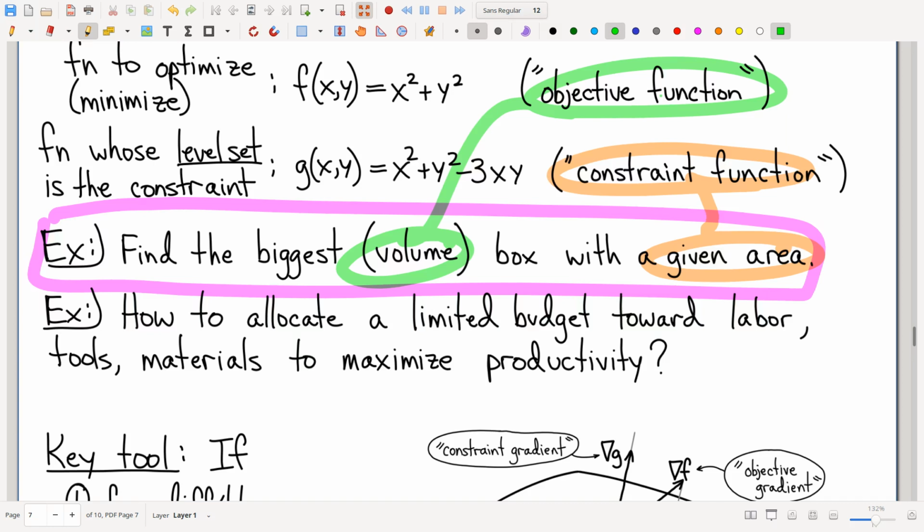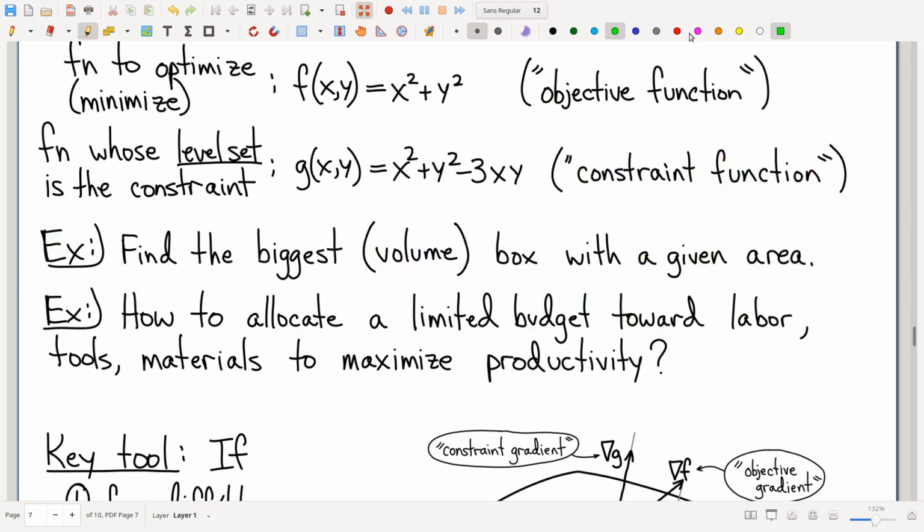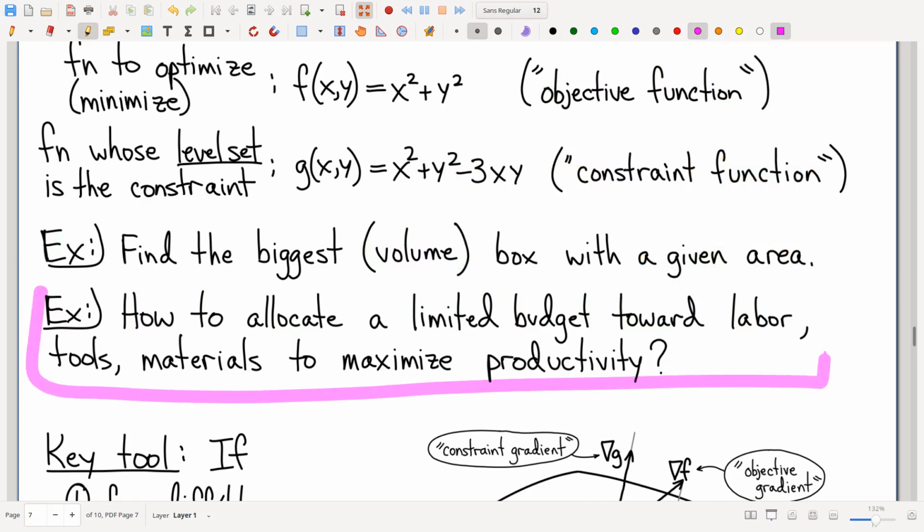All right, here's one from a business point of view. Let's suppose you are going to start a small business and you have a limited budget. You can't just say, I think I'll invest $10 billion on materials and labor, etc. No, you can't. You don't have that kind of money.